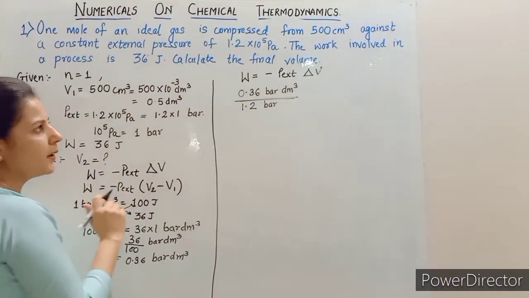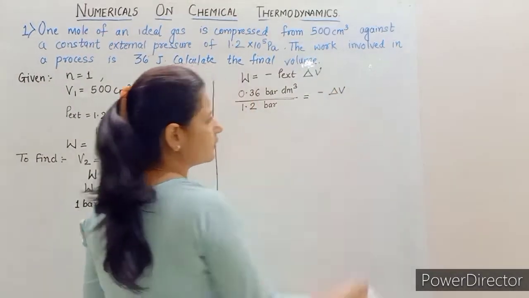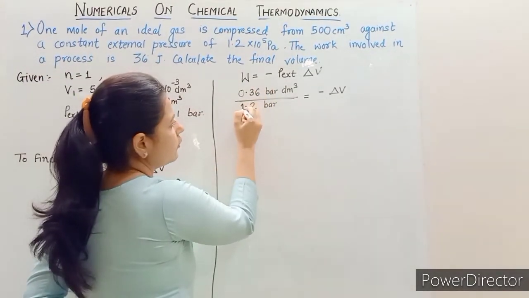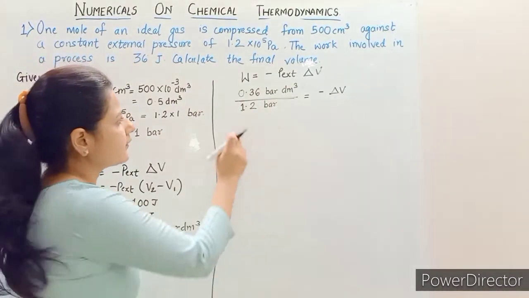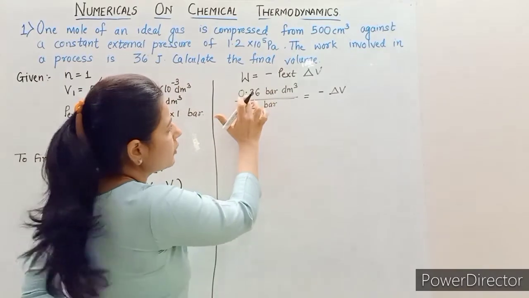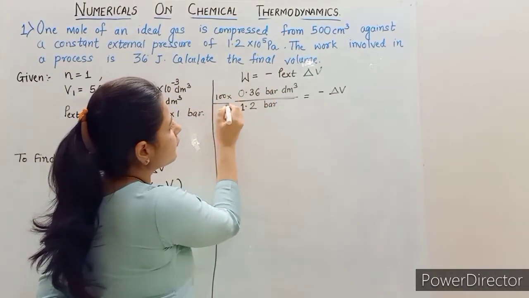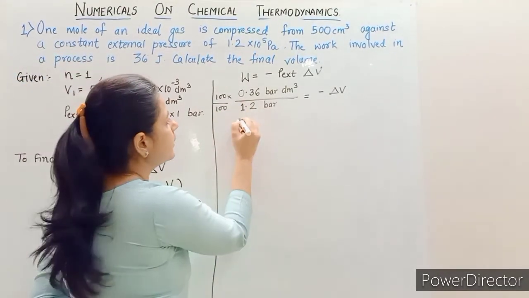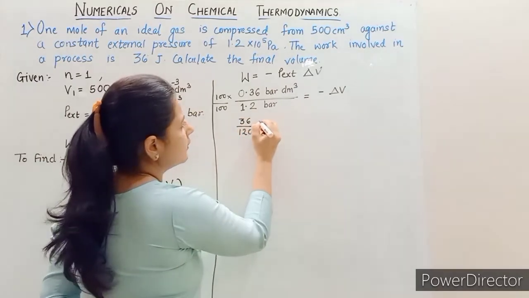Okay, 1.2 bar is equals to minus delta V. Okay, now we are going to solve it out. 1.2 and 36, we know that 12 threes are 36, but to make it simpler we are going to remove the decimal. To remove the decimal I have to multiply the numerator by 100 and therefore I will multiply the denominator also by 100. So this will become 36 and this will become 120.